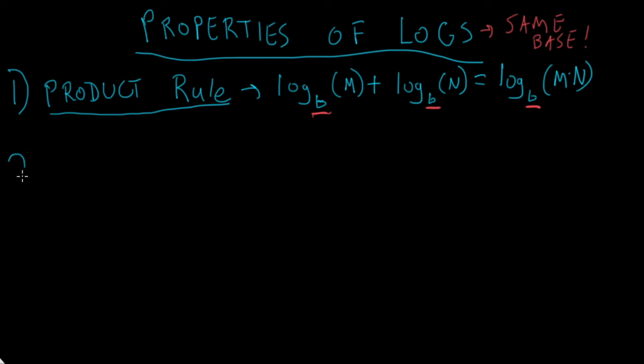Our second property is what we call the quotient rule. You can probably guess what this is going to be based on our last example.